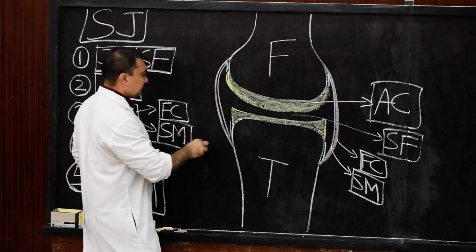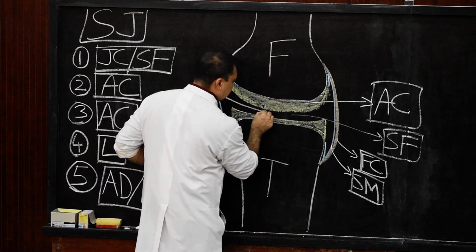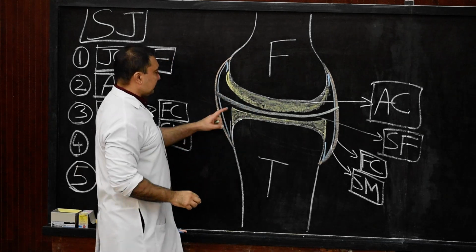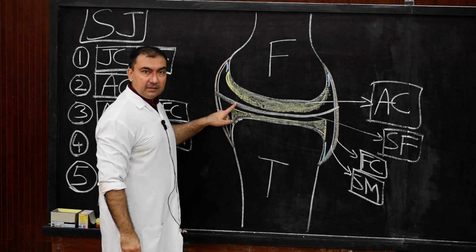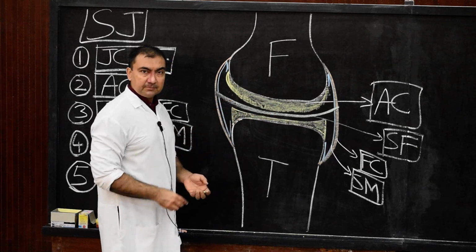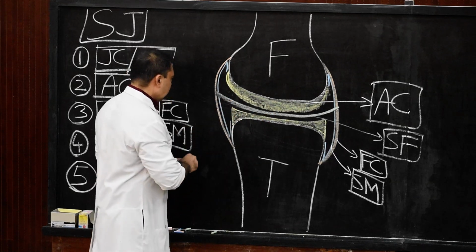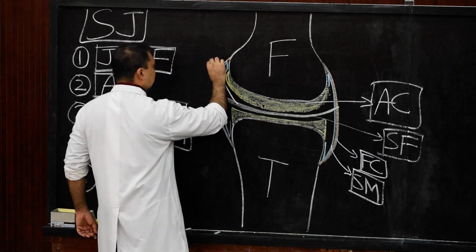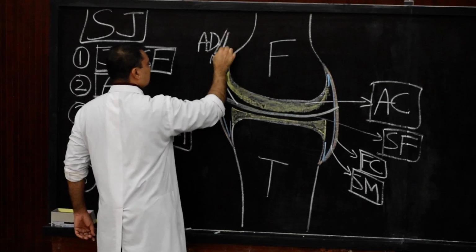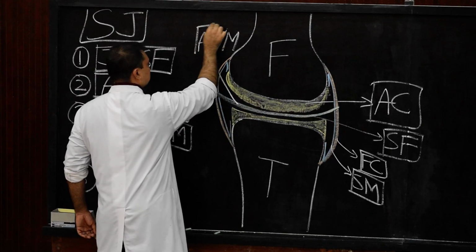The articular disc or meniscus can be in this way, dividing the synovial joint into two compartments. So here we can name this as the articular disc or meniscus.